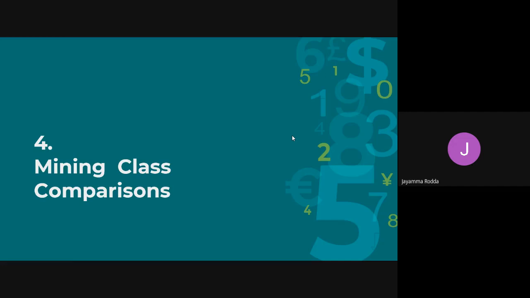So this discrimination can be done through comparison. When he compares, he knows what is there and what is not there between the two classes. What are the similarities? What are the dissimilarities? And we have to notice that the target and contrasting classes must be comparable.